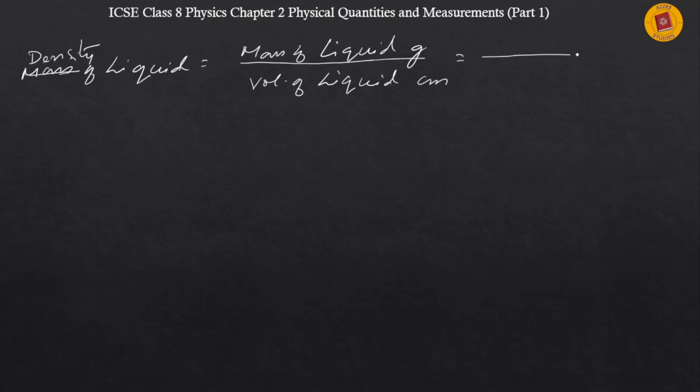Now mass of liquid, we already know, is mb+l minus mb in grams. And what is the volume of liquid?